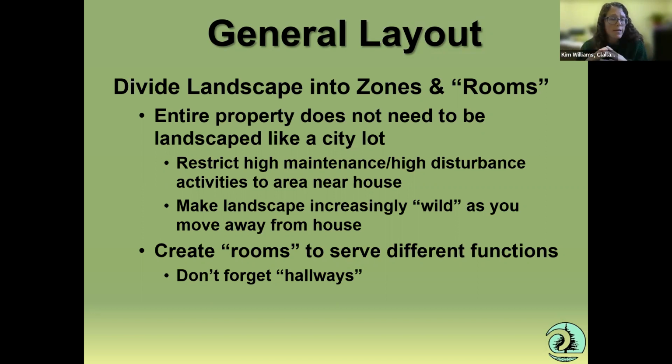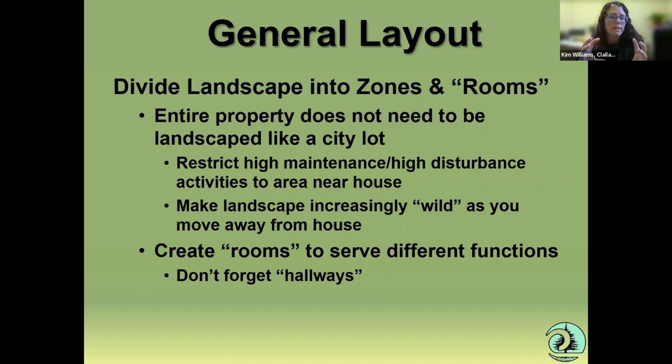You want to restrict high maintenance and high disturbance areas to right around the house. That's where I would put the food garden, or anything that you want to plant that needs watering with a hose. Where the hose can reach is probably a good boundary. And put your lawns right there. That's where you want to mow, and that's where you're going to do your backyard entertaining.